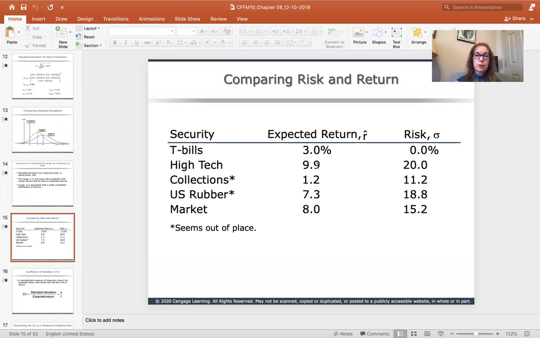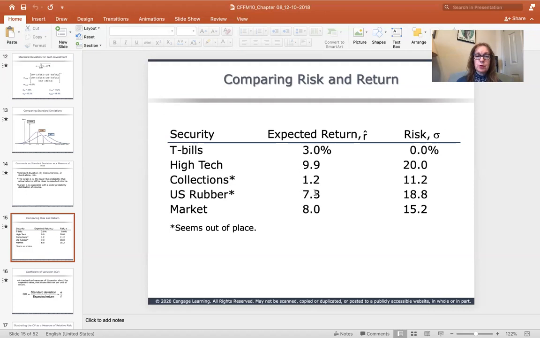Well, you would invest in the one with the lower risk, obviously. If you have two situations where they have the same standard deviation, but one has a higher expected return, then you would invest in that one. But a lot of times it's not that cut and dry. You might have a situation like this. Let's just say, for example, high tech is earning us 9.9%, with a 20% standard deviation.